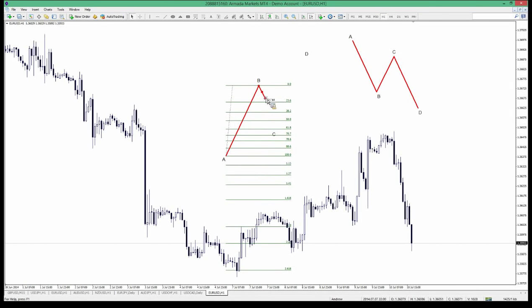Don't focus on the 23.6 at all, but anywhere between the 38.2, 50%, 61.8, 70.7, 78.6, or 88.6 retracement.